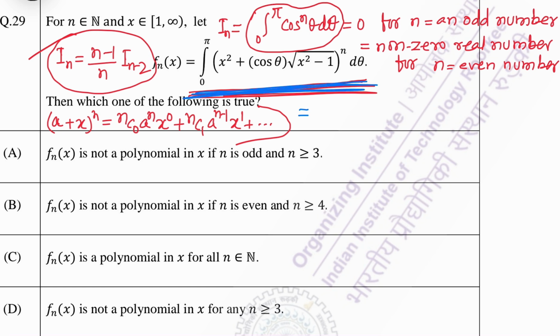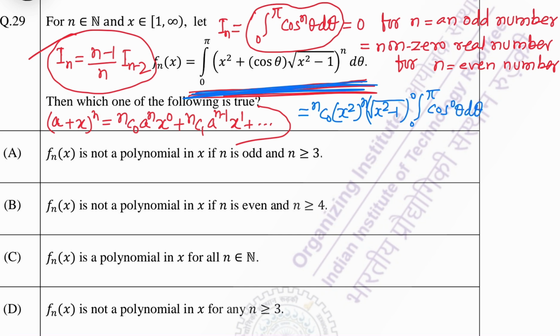So upon expansion it will be nC0 (x square) to the power n, (x square minus 1) over root to the power 0, and here 0 to pi cos to the power 0 theta d theta.